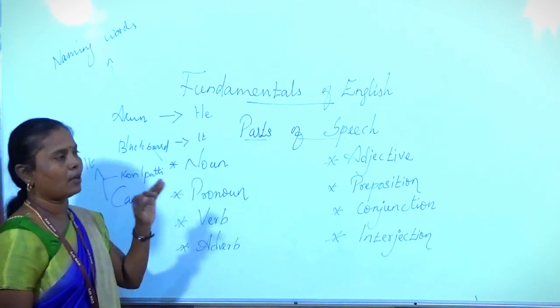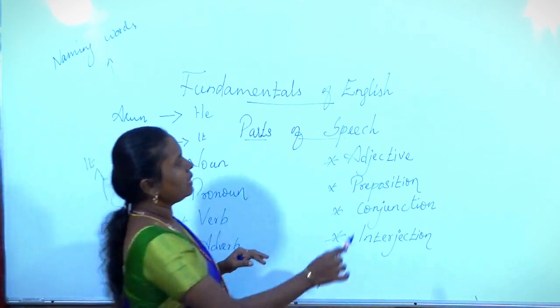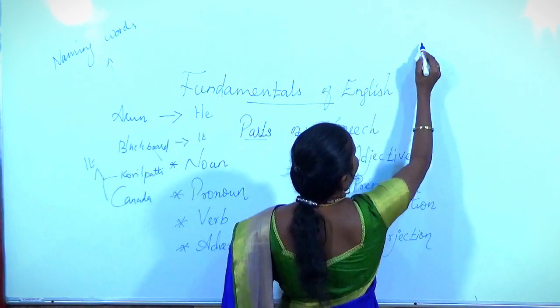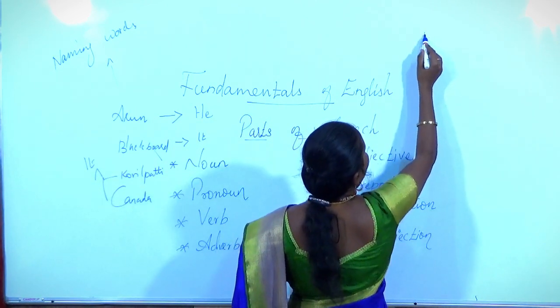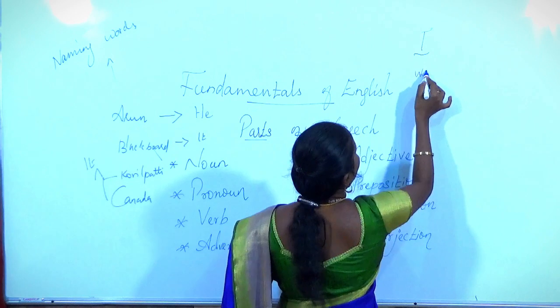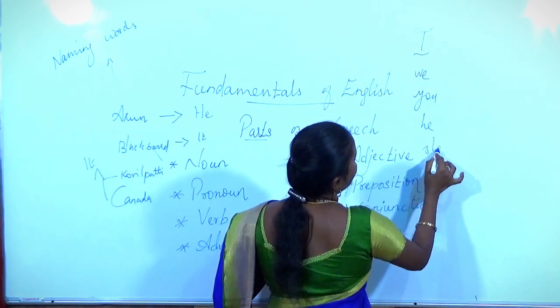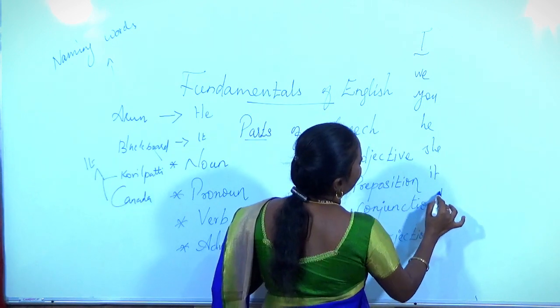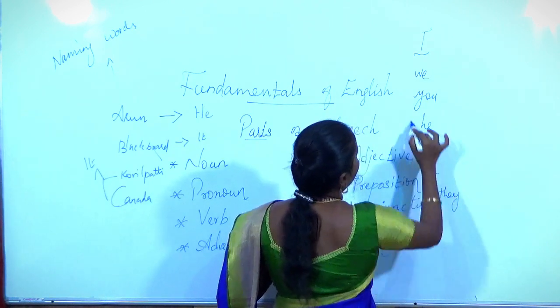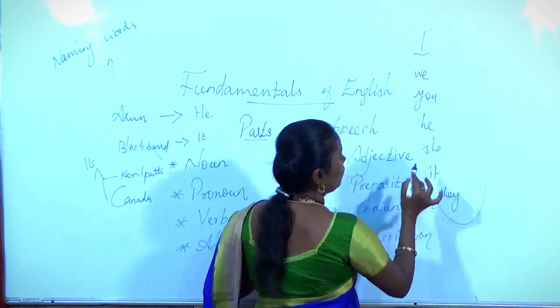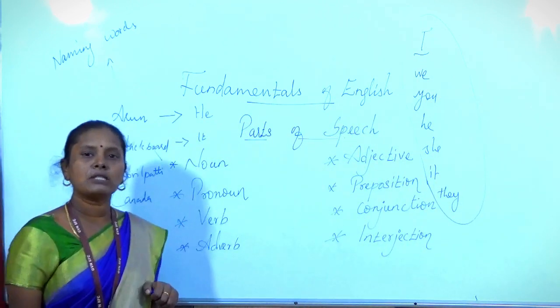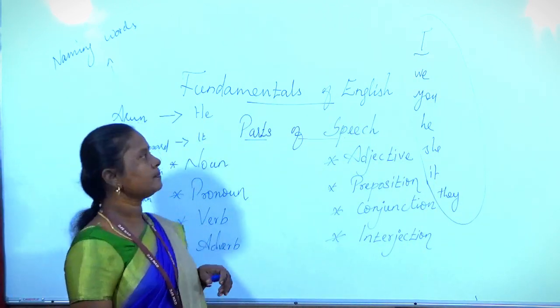When we talk about pronouns, we have the important pronouns I, we, you, he, she, it and they. These are all the pronouns we use in the place of the subject.